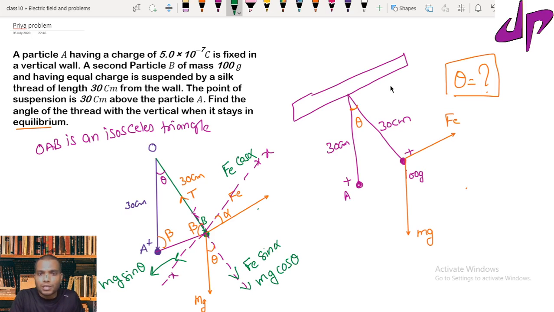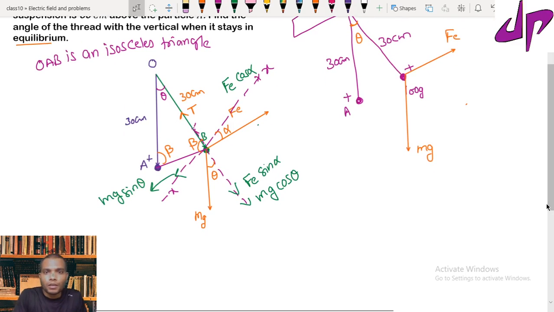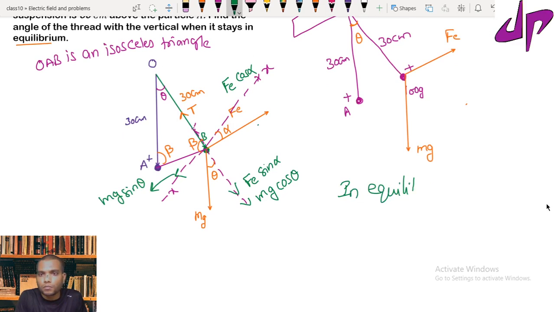Okay, since it is in equilibrium, the sum of the forces should be equal. It means upside forces should be equal to downside forces, and left side forces should be equal to right side forces. So here the upside force, tension, is equal to Fe sin alpha plus mg cos theta.